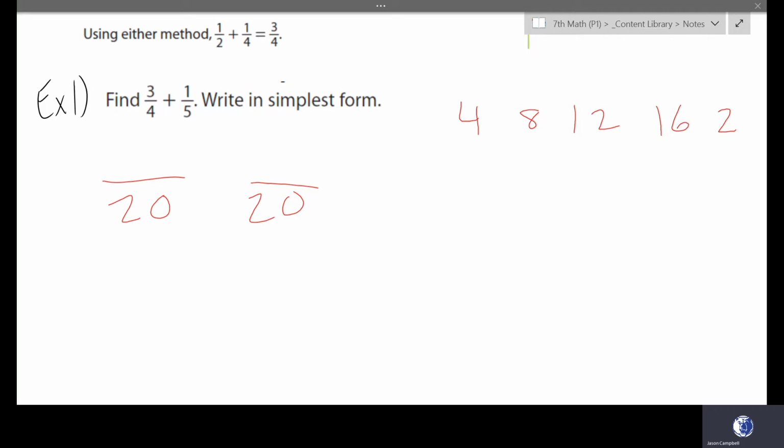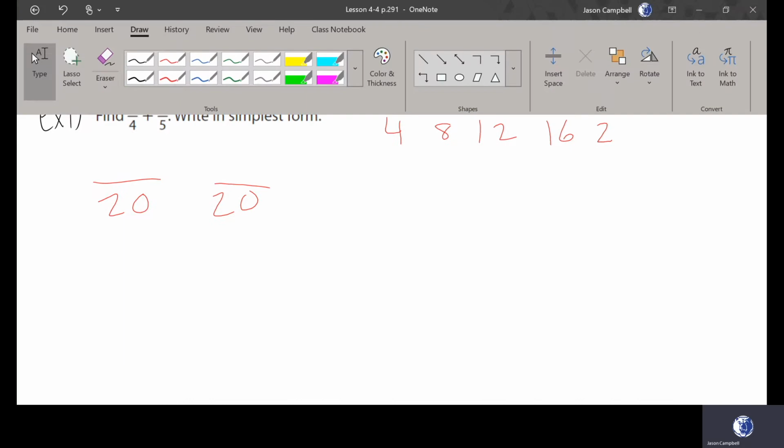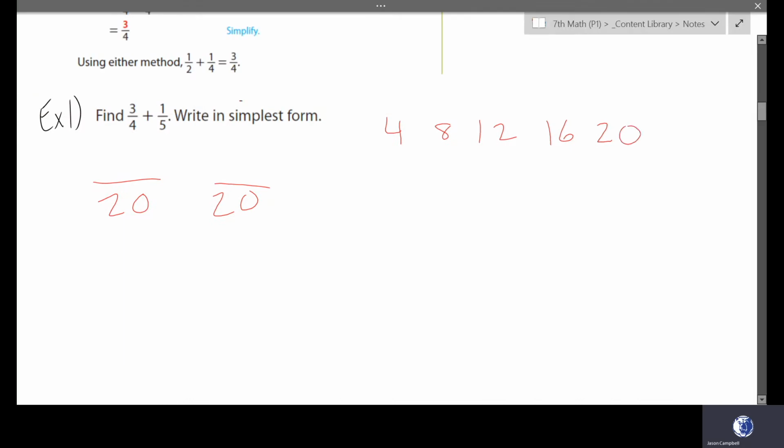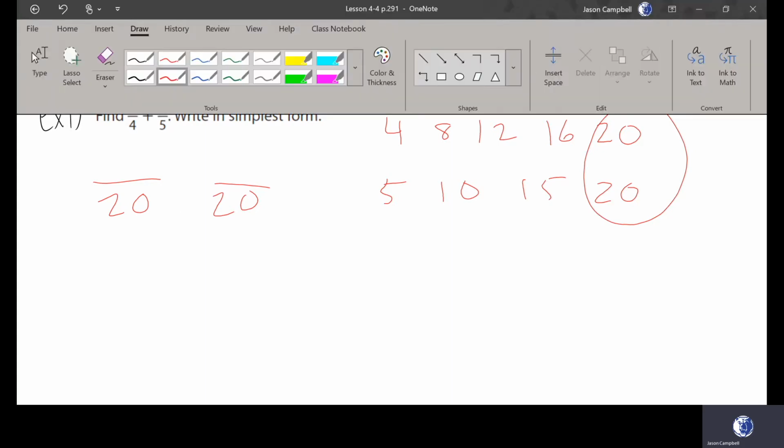Factors would be if we're getting smaller numbers, but we want all the multiples. So 4, 8, 12, 16, and 20. That's my 4s. For the 5s, it's 5, 10, 15, 20. So there's my match. No number matched before 20. So 20 is my least common denominator.